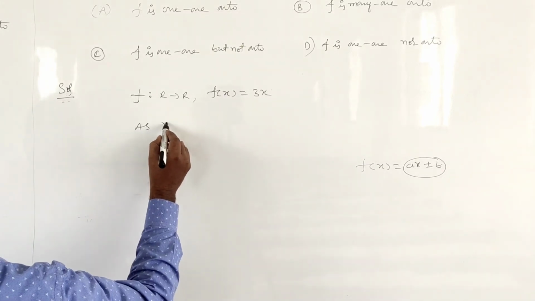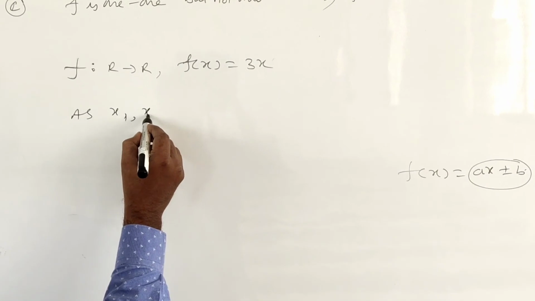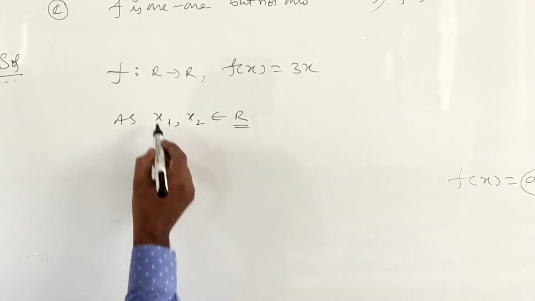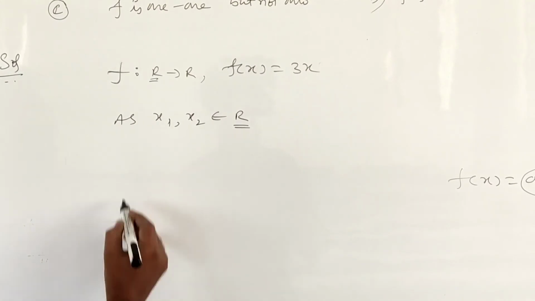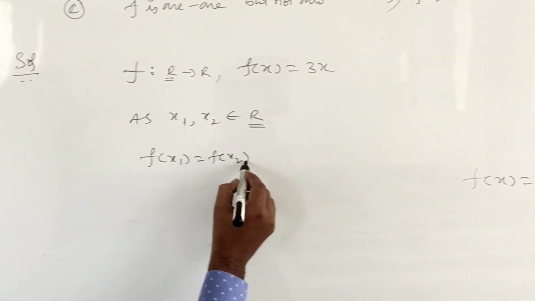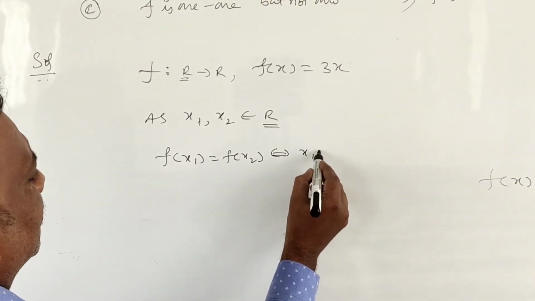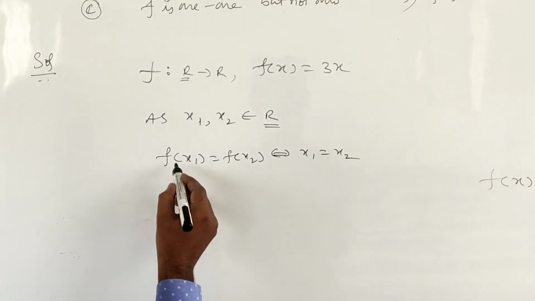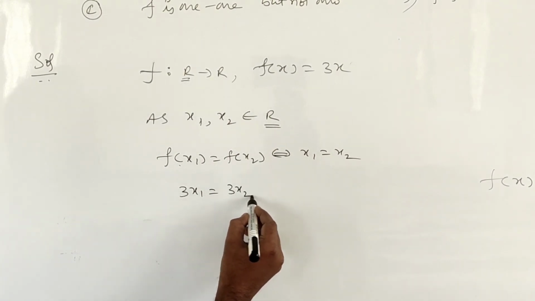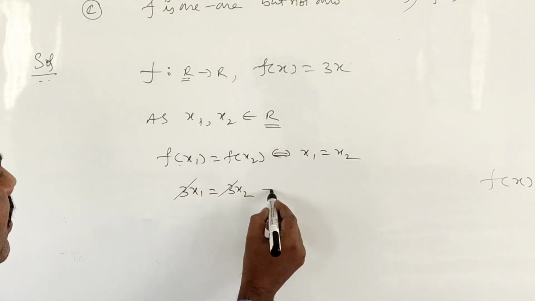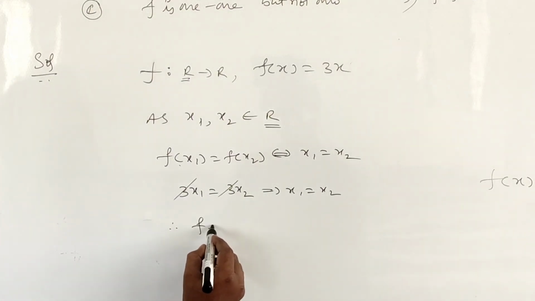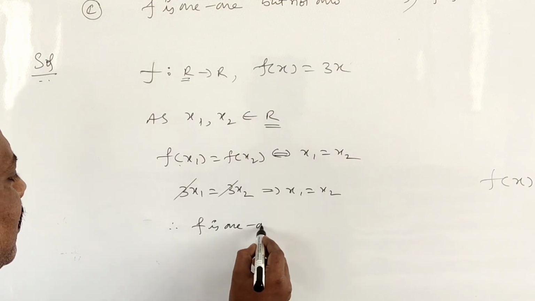Let x1 and x2 be two elements belonging to the real number system, because the domain is real numbers. So we have to prove f of x1 equals f of x2 implies x1 equals x2. So f of x1 means 3x1, f of x2 means 3x2. We can cancel 3 and 3, and you finally get x1 equals x2. Therefore, f is a one-one function.